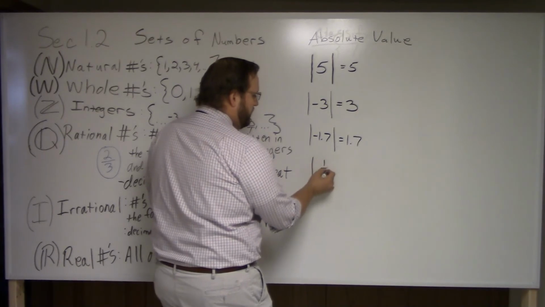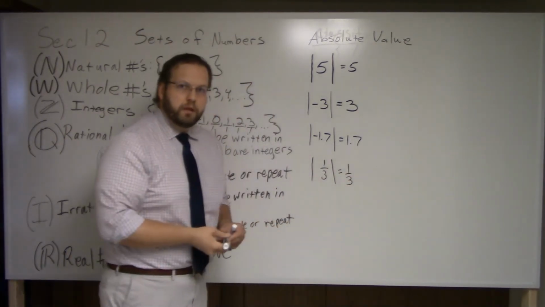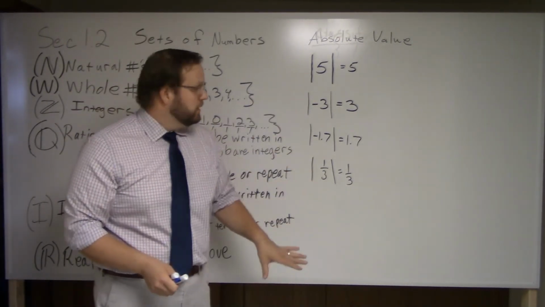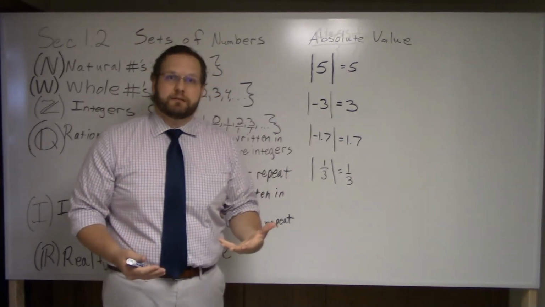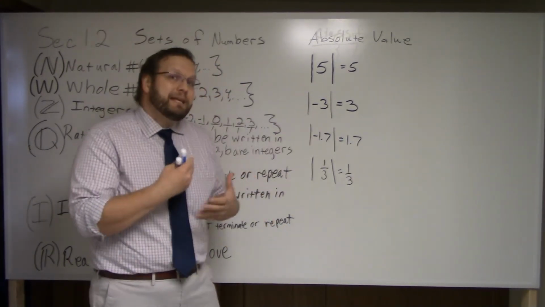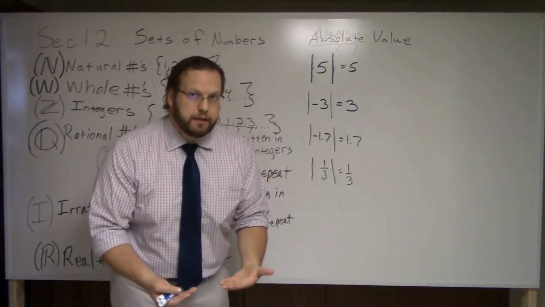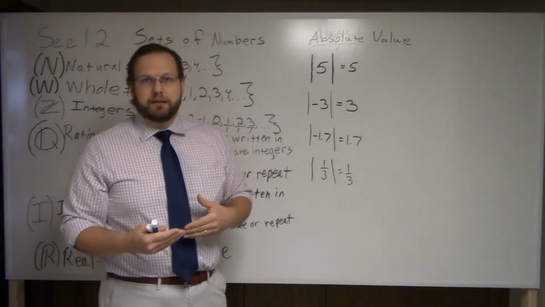Absolute value of 1/3 is 1/3. Notice what we did. We kept the number exactly the same, but we either kept a positive or changed a negative into a positive. That's the mechanics of what absolute value is. But why are we doing that?